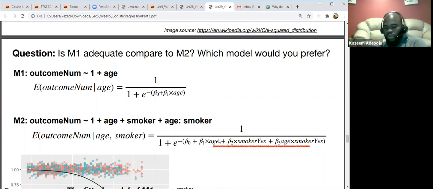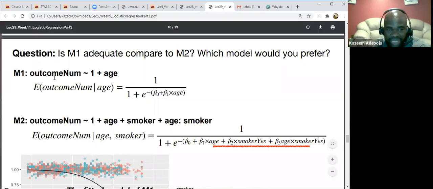One is a simple model, and the other one is a complicated model, and we want to decide which model is better, which model we are going to prefer. If you take a look at what I have right here, the outcome is based on age. Age is the only predictor in this model.